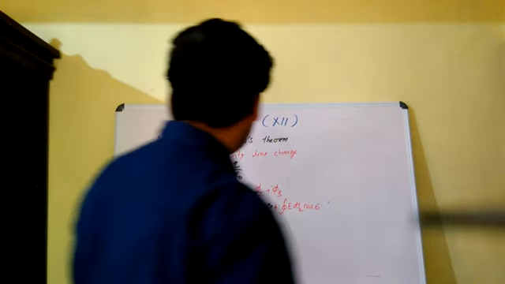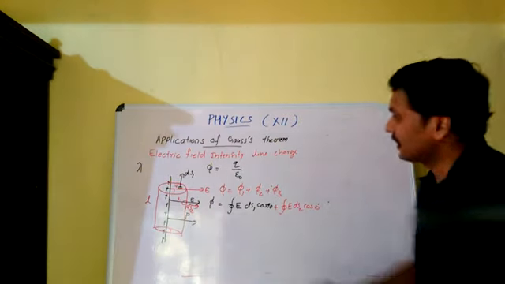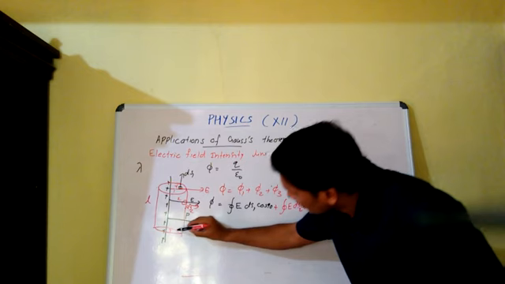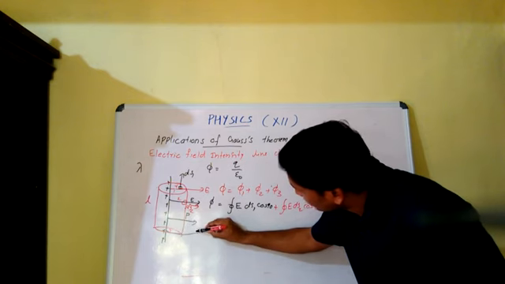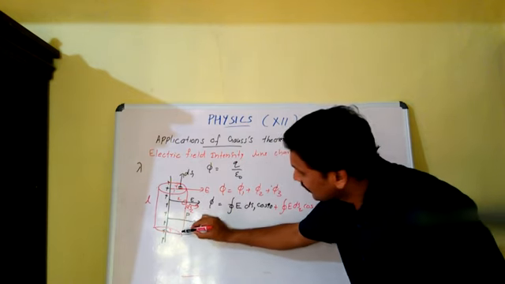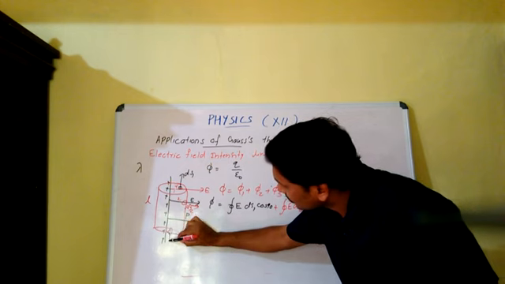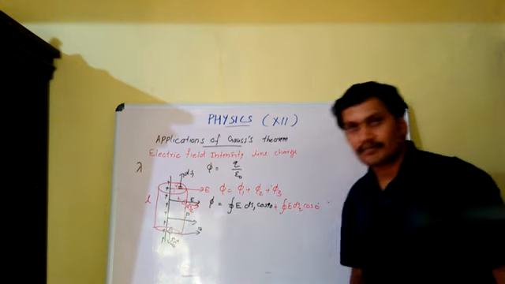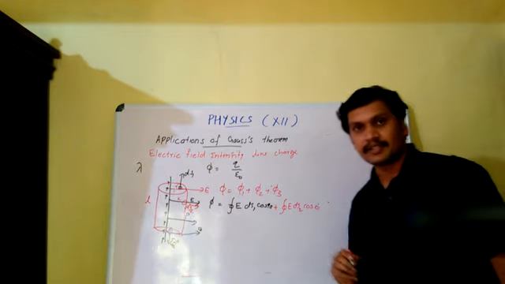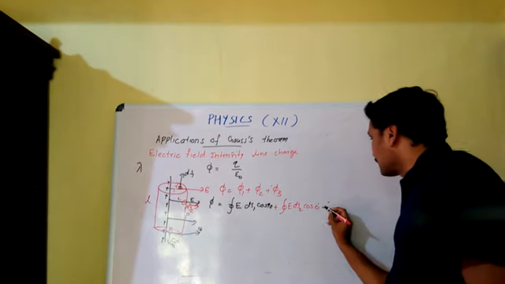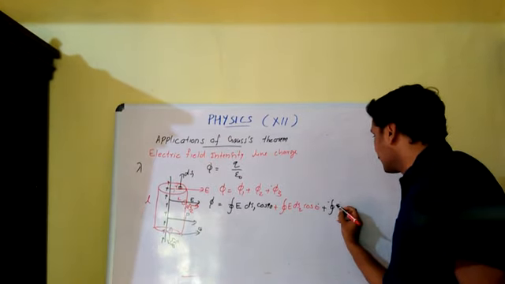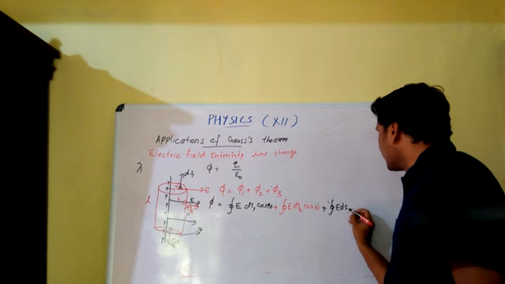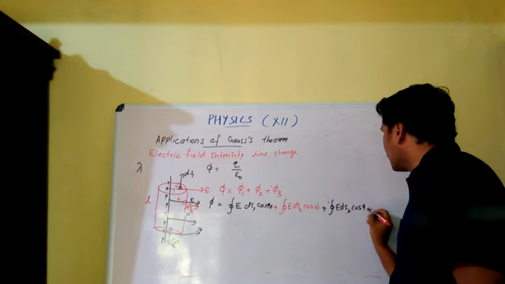What about the third surface? The third surface is again a plane surface. This is the direction of electric field, and this is the direction of area vector ds3. The angle between them is 90 degrees. So the flux is the surface integral of E into ds3 into cos 90.